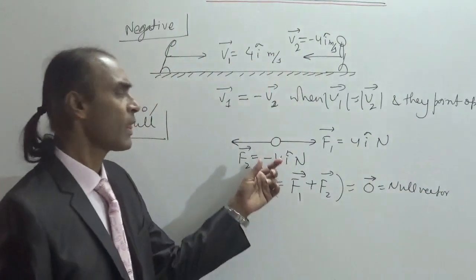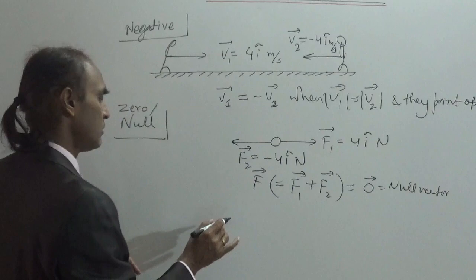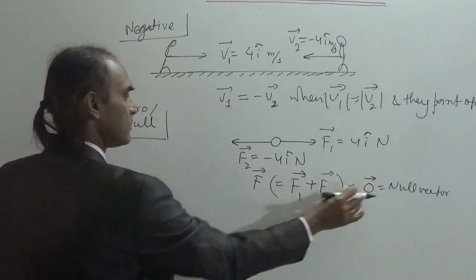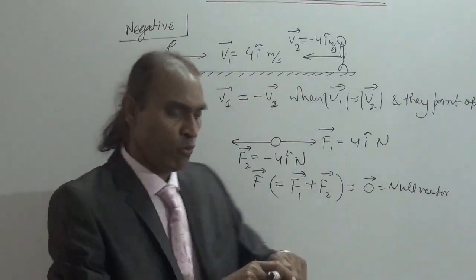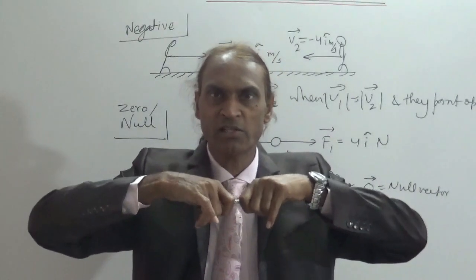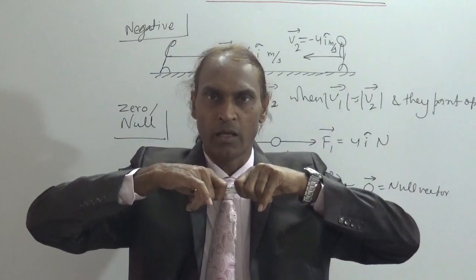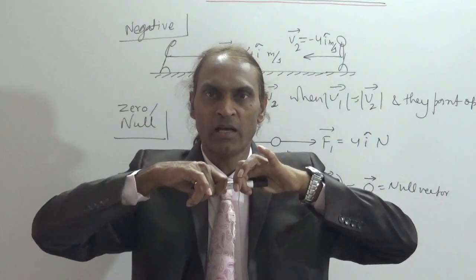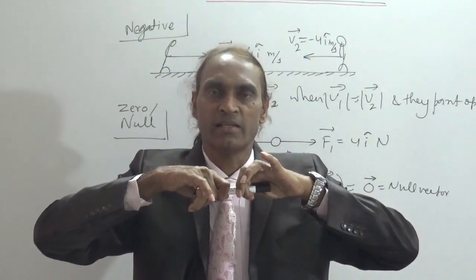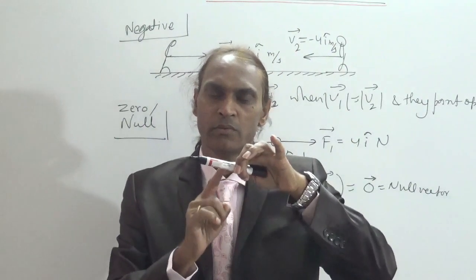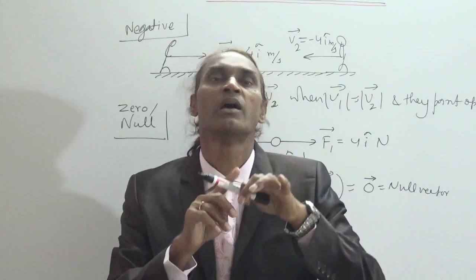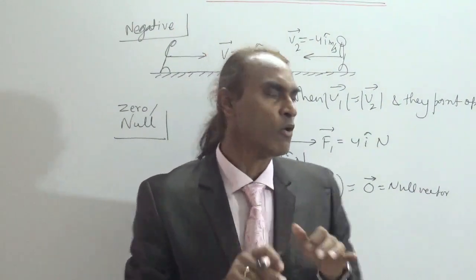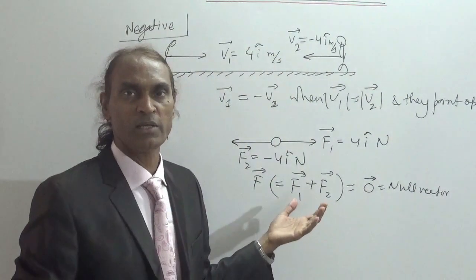So the null vector has magnitude 0, but the direction is arbitrary. When you pull the object in both directions with equal forces, it will be at rest. It can have any direction. When you push it in a particular direction, it will go on moving in that direction with constant velocity. That will be cleared in the chapter of force.